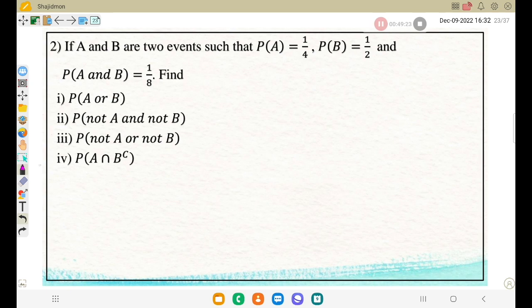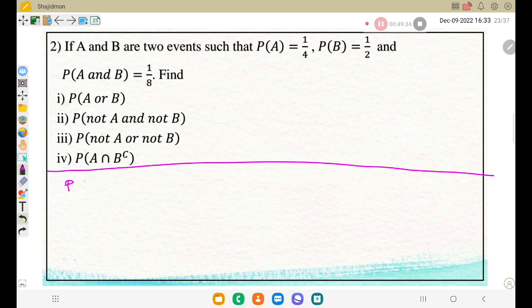If A and B are two events such that probability of A equals 1 over 4, and probability of B equals 1 over 2, already given in the question, and probability of A and B, where "and" means intersection, so probability of A intersection B equals 1 over 8, already given.